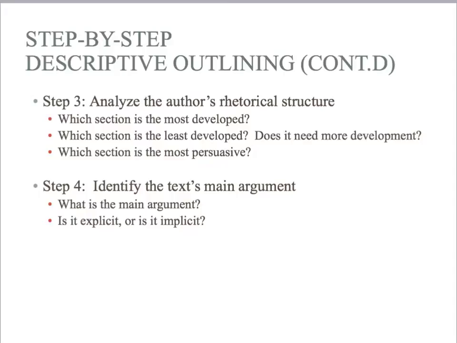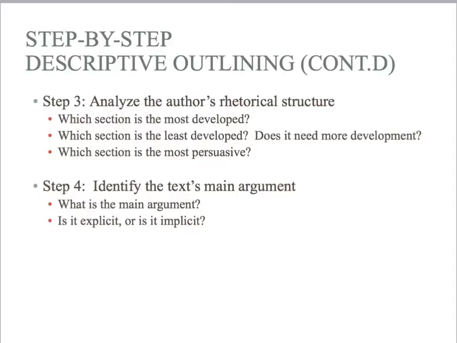Then which section is the least developed? Which one has the least amount of information? And again, why does it seem to have so little information? Is it that the point he makes is so strong that there is no other information that you would consider in that particular argument? Or is it because there isn't much information that supports that argument? Therefore, he's done the best he could with convincing you of that point with the information that he had at his or her disposal.